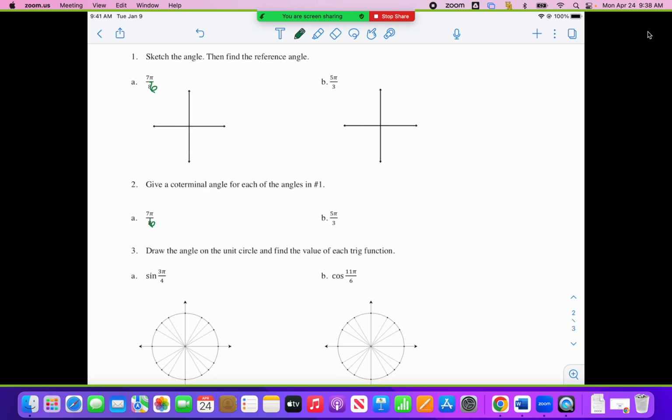As I'm walking around, I've seen some of you with degree answers. That's okay to figure it that way. I'd love you to think in radians, but this is new, so if you need to use degrees, figure it out. However, if the given angle is in radians, your reference angle or coterminal angles must be radian answers. Okay?